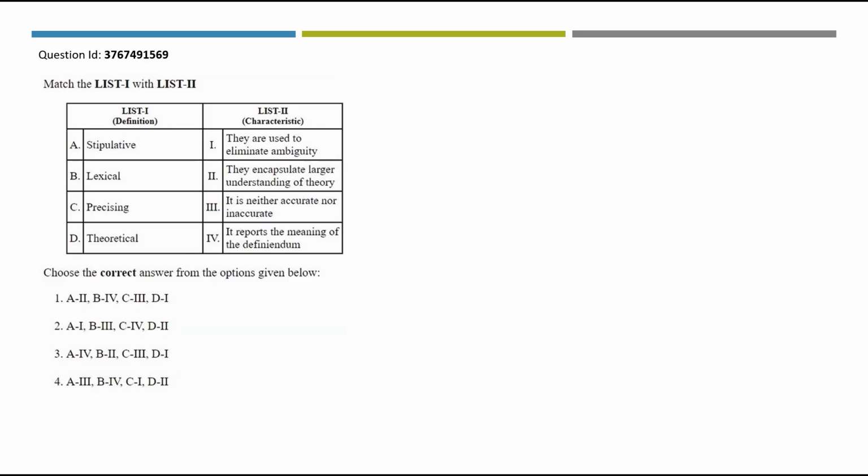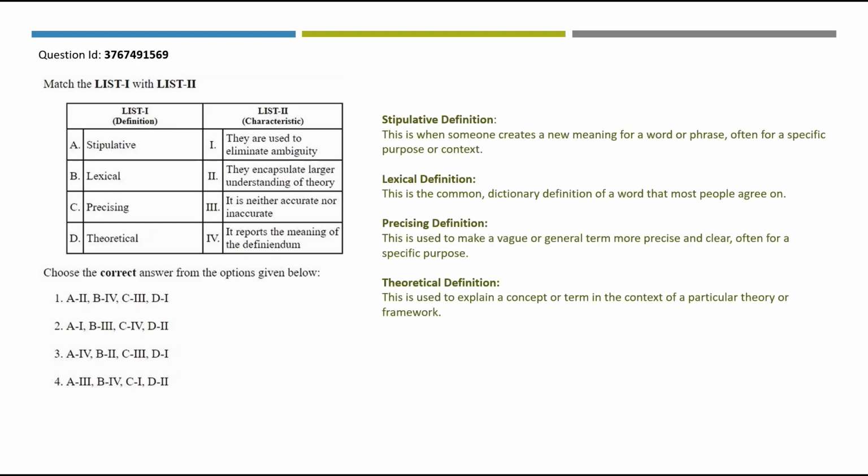Next question. Match the list 1 with list 2. Definitions are given in list 1 and the characteristics are given in list 2. Stipulative, lexical, precising, theoretical. What is stipulative definition? This is when someone creates a new meaning for a word or phrase, often for a specific purpose or context. Actually, the word is already existing. Stipulative definition is when we try to give a new meaning based on some context or for a purpose.